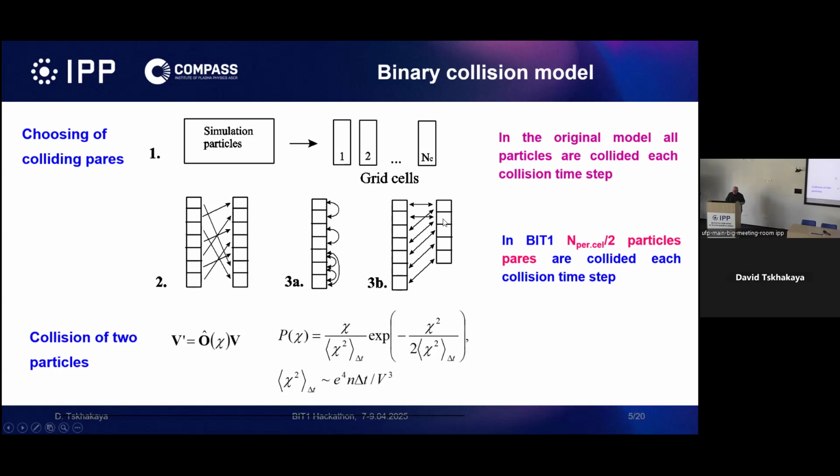There is also a very simple approach: the species with fewer particles can collide 2 times, and each time you find a collision partner.